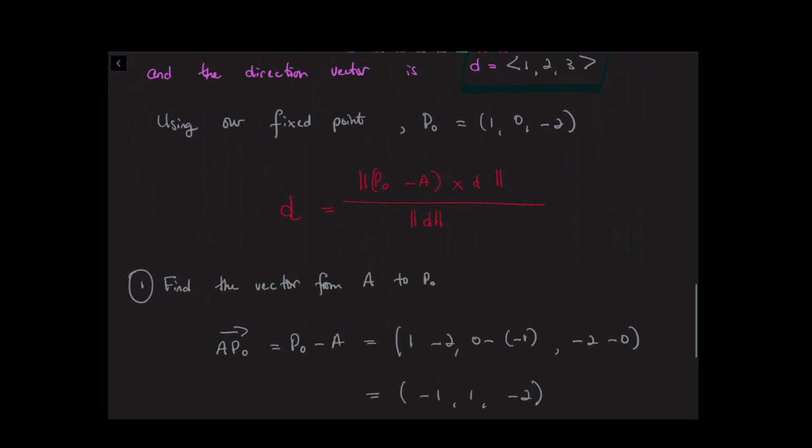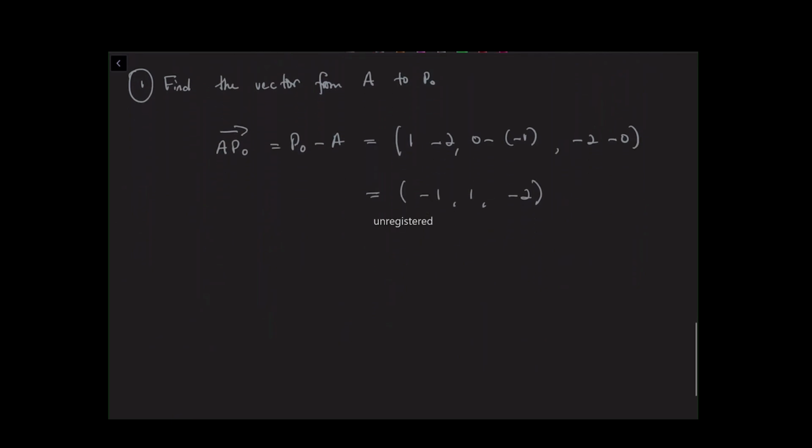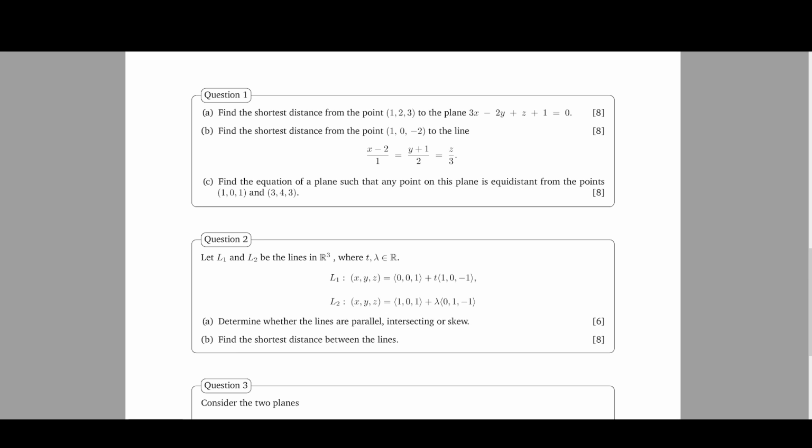Now I need to find the cross product here. Number 2: find the cross product of AP0 with D. Just verifying that I did in fact use the correct point, (1, 0, -2).